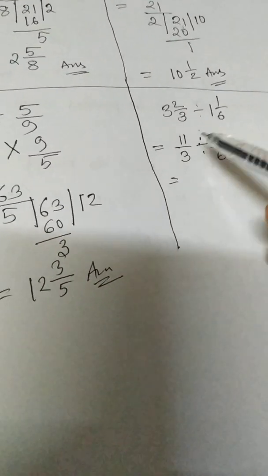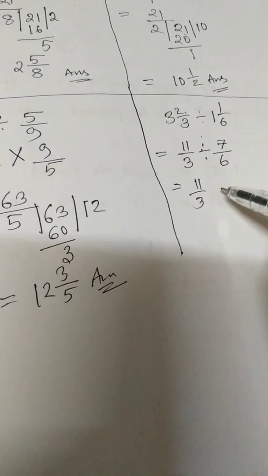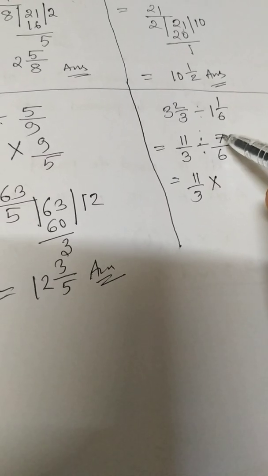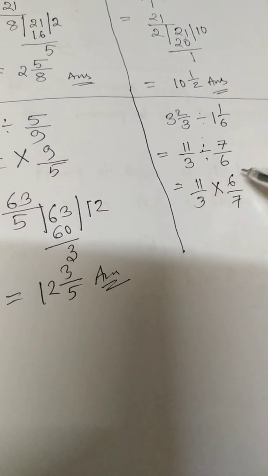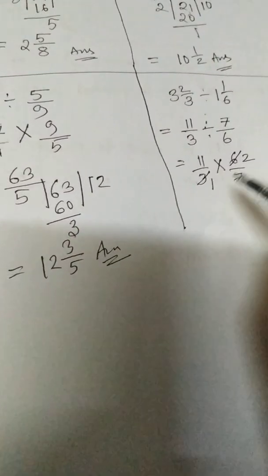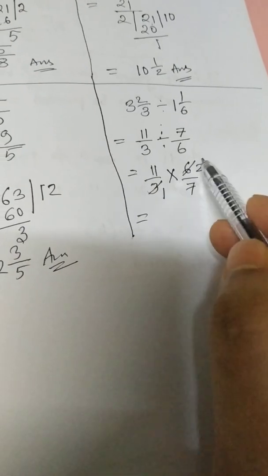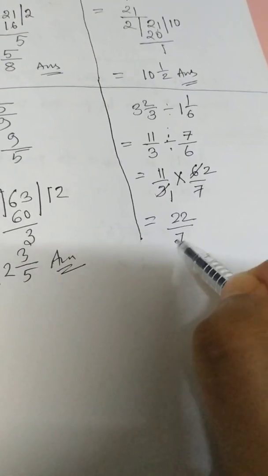Next what we do is the simple part. 11 by 3, we change the sign, divide into multiply, then 6 goes up, 7 comes down. Now we can reduce the fraction crosswise. 3 1s are 3, 3 2s are 6. So 11 into 2 is 22, and 1 into 7 is 7.